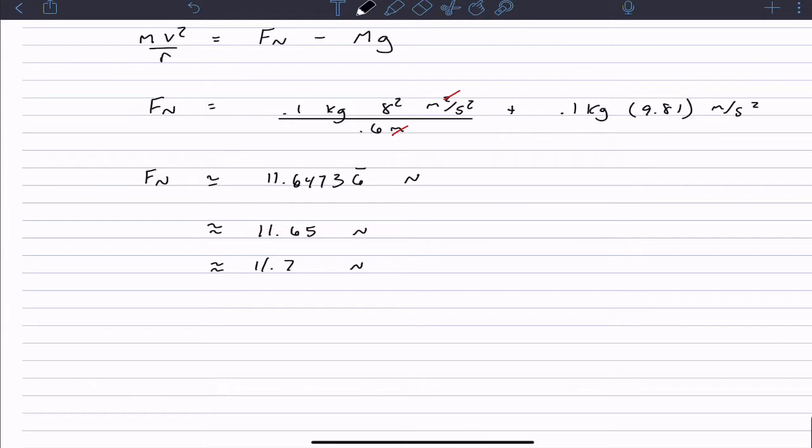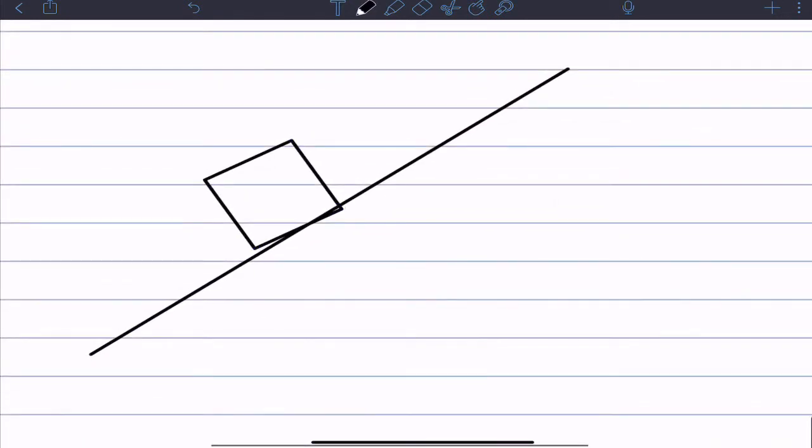Number 59. We're given a banked turn, which is going to look something like this. So it's an incline. We have a car that's going around a track. Let's straighten that out real quick.